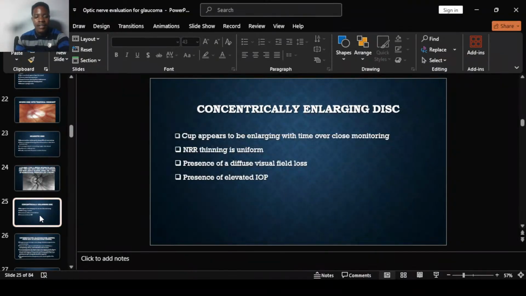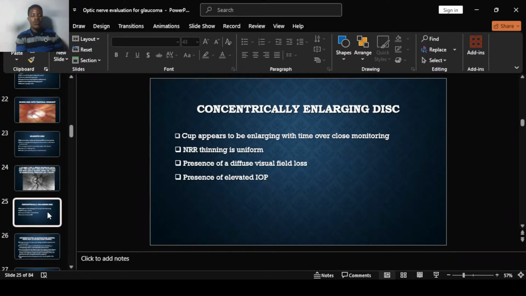And then the next is concentrically enlarging disc. In this disc, we see that the cup appears to be enlarging with time over close monitoring. So the cup keeps getting bigger. But it's important to note that a rapid loss in neuroretinal rim is not glaucoma. Glaucoma is never rapid in its loss. It's a gradual progressive loss.